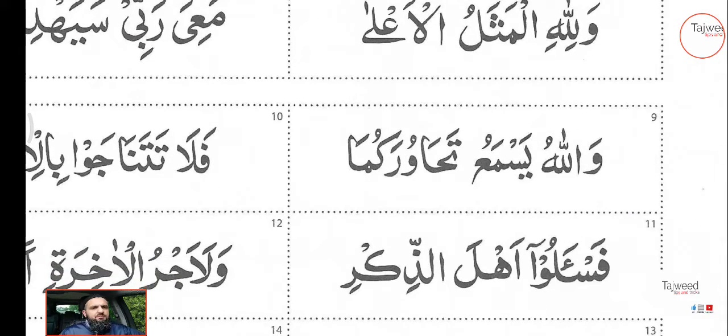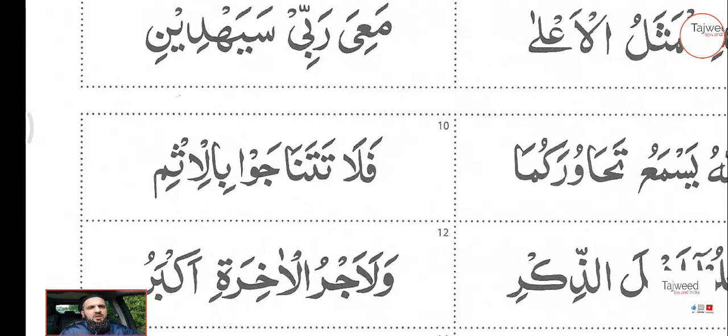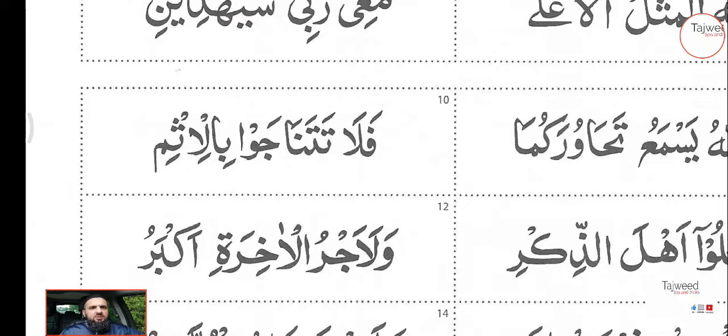Box number 9, Wurakuma remains the same, because you've got alif and a fatha. And box number 10, Bil Ithmi becomes Bil Ithm. So the meem becomes sakina. It's a joining meem.